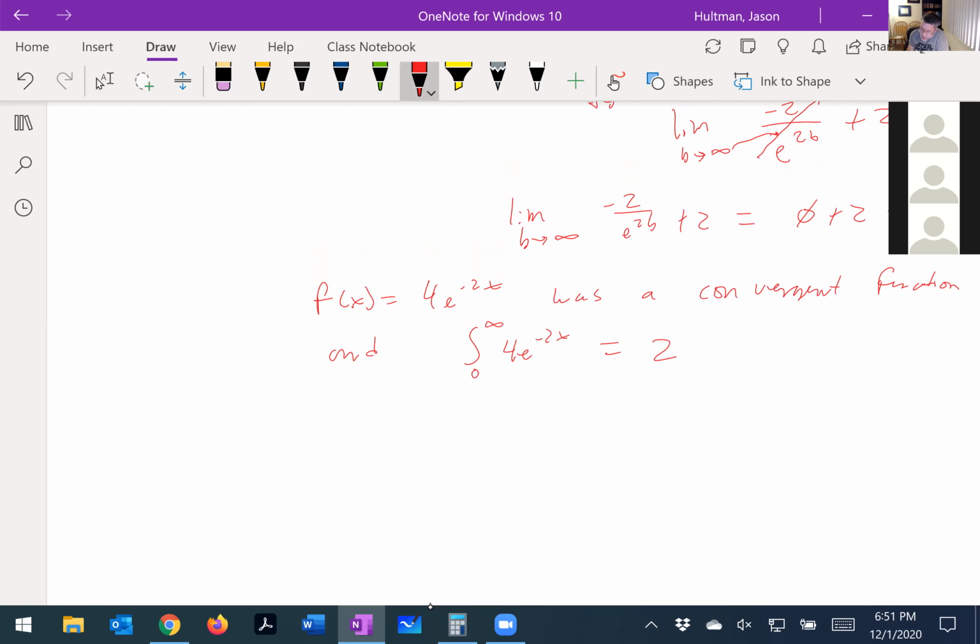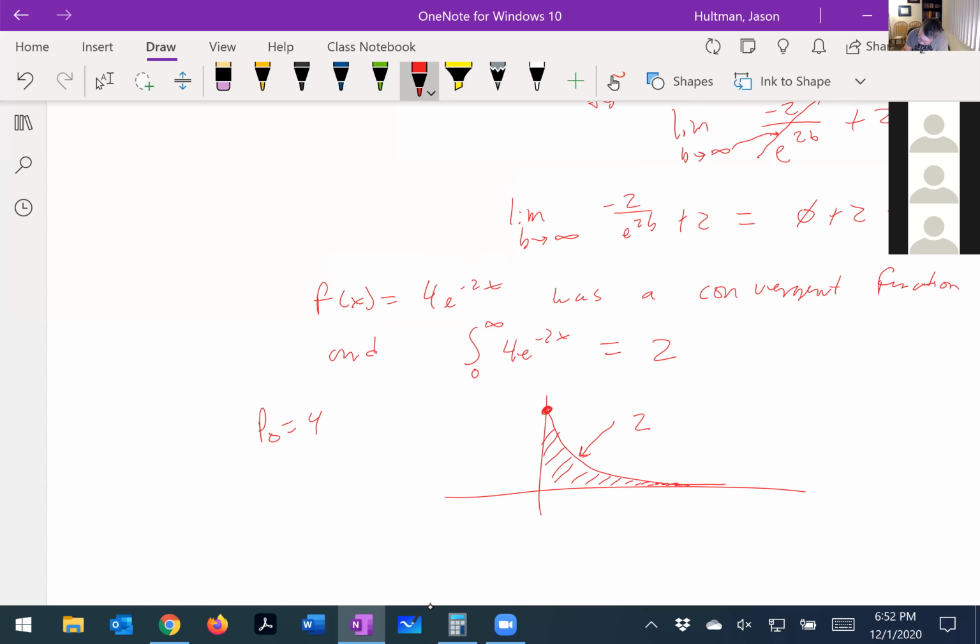Remember, this was an exponential decay function, with a value of 4 at the very beginning. P naught is equal to 4 here. And so this is going to decay very fast, because of this negative 2. And so does this thing converge? Yes. And so what does the area converge to?